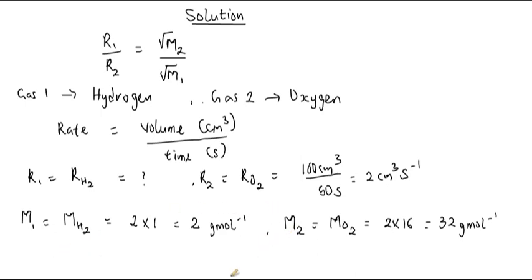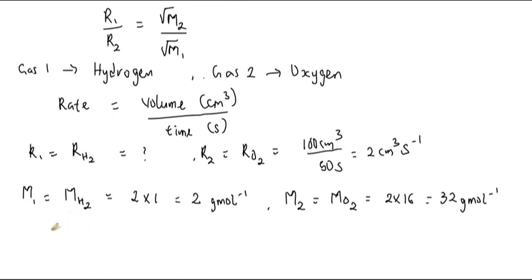Now R1 remains unknown. We've gotten R2, we've gotten M1, and we've gotten M2. So the next thing to do is to calculate R1 using the equation above. Let's state the formula we'll be using in calculating.